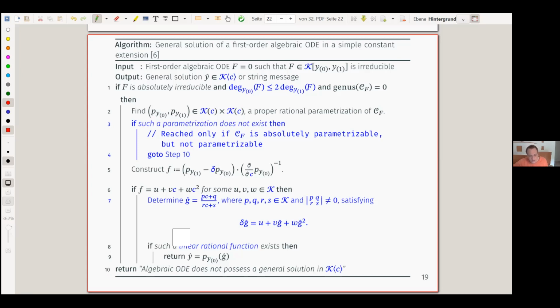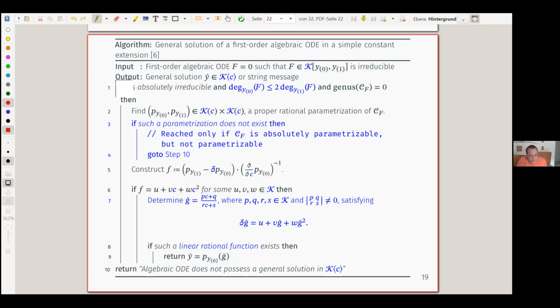And here is now the algorithm for finding such a general solution in, well, K adjoined by just one arbitrary constant C. And it looks almost the same as the algorithm that I presented at the end of the introduction.